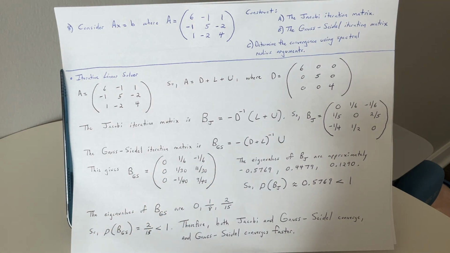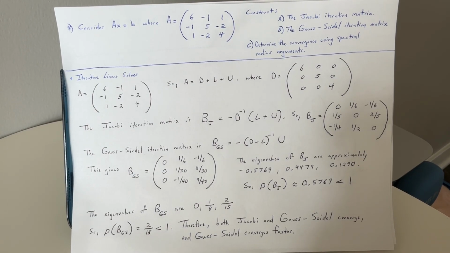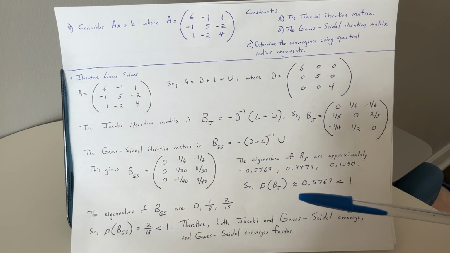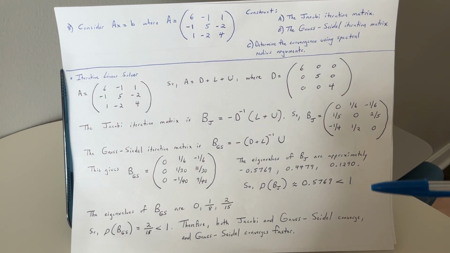The eigenvalues of B sub J are approximately negative 0.5769, 0.4479 and 0.1290. So this rho of B sub J is approximately 0.5769, and that's less than 1.